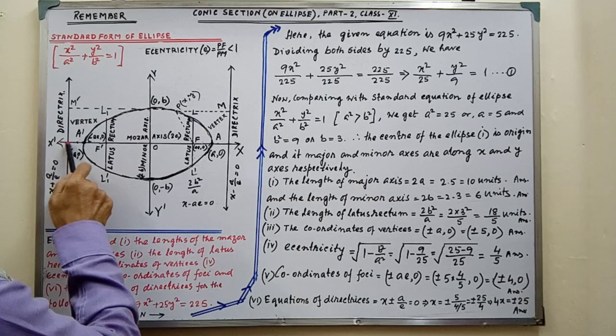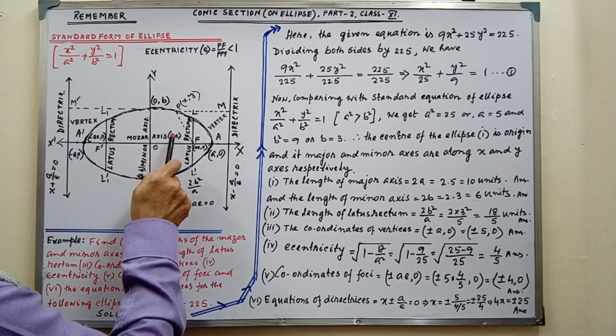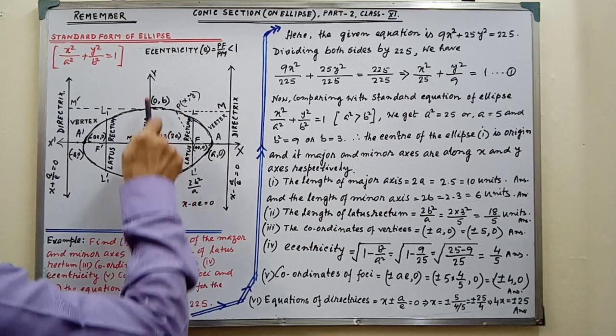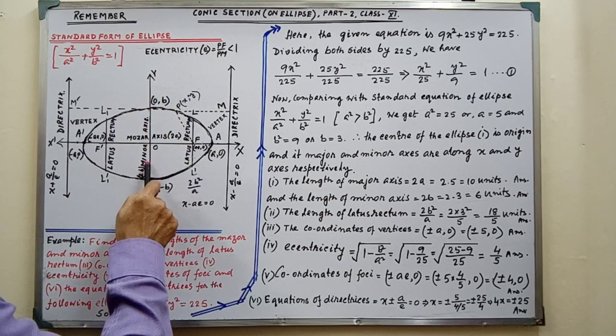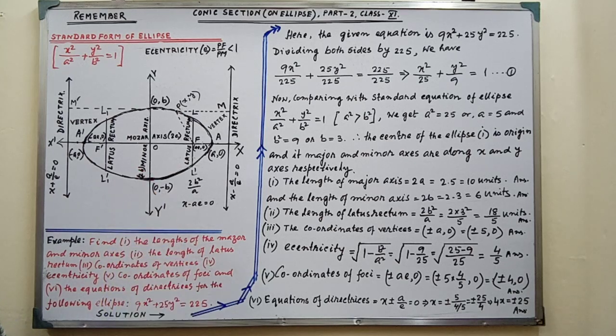X axis is known as major axis and its length is 2a. Y axis is known as minor axis, its length is 2b.